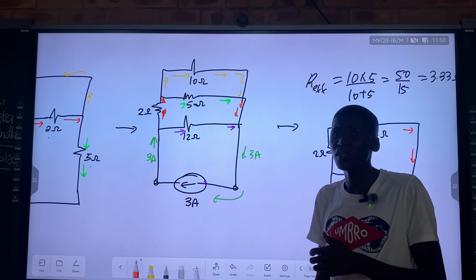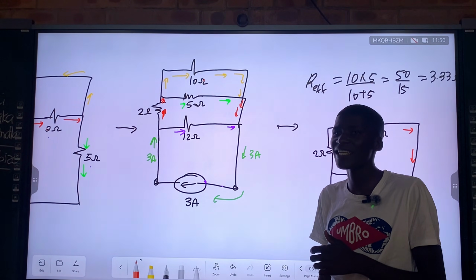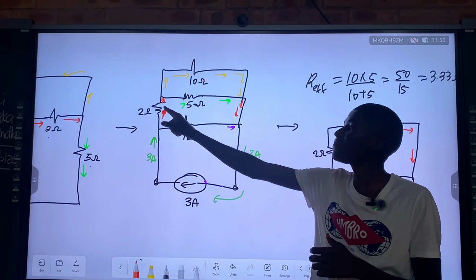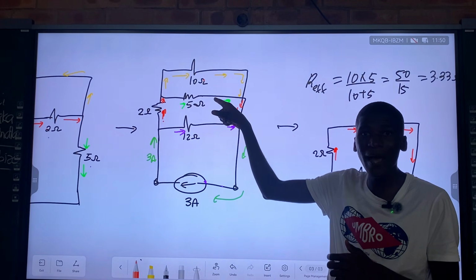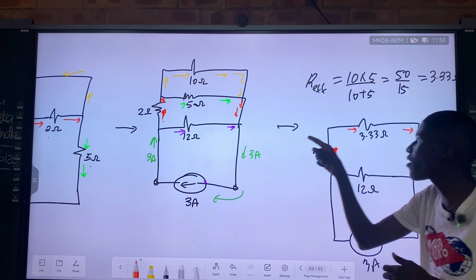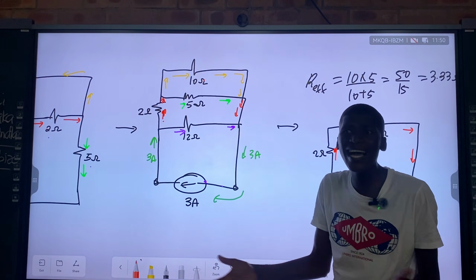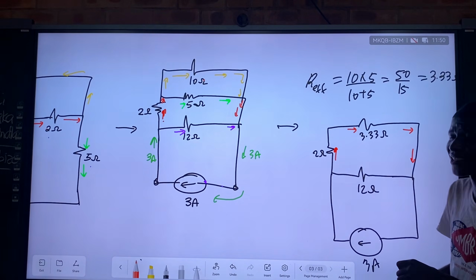Do you see that, ladies and gentlemen? Yes, this red has been split. So if we calculate the red current, then we split it according to their resistance, then we are done. We can find the current for the 5 ohms resistor.